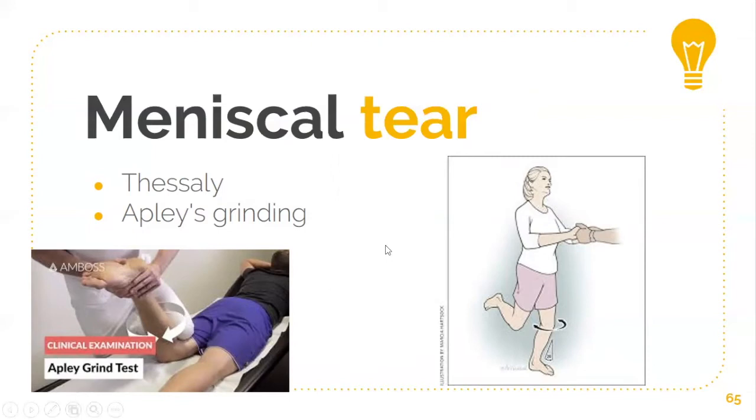In Thessaly's test, we are repeating the same scenario. First, it is done in the normal knee joint and then on the affected knee joint. The patient's arm is resting on the examiner's hand for balance. Stand only on the affected leg and then the other leg is raised.